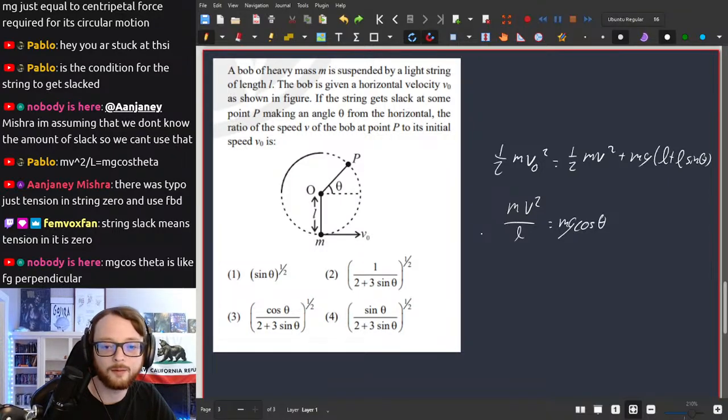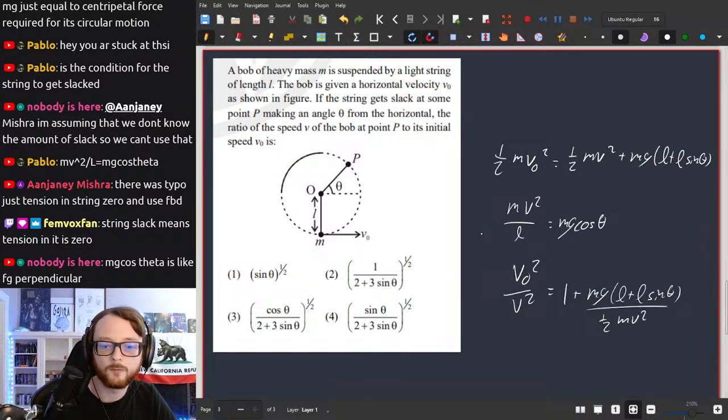Okay, I'm just gonna use this because I think the only thing we really have to do then is take this equation and divide it through by 1/2 mv squared. So we're gonna get v naught squared over v squared is equal to 1 plus mg L plus L sine theta over 1/2 mv squared.